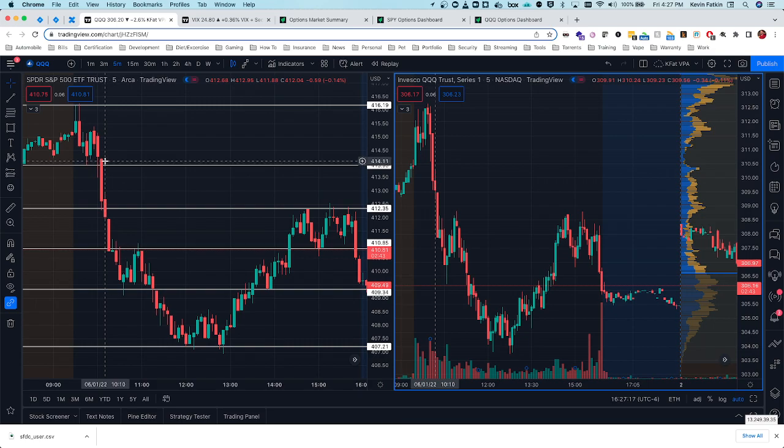And I'm always doing my best to make sure I hold into the next level. It's very rare that you see it just all of a sudden reverse, as long as your levels are good, as long as your levels are solid, and the videos I've done on using volume profile to create those levels, using gamma exposure to create those levels.